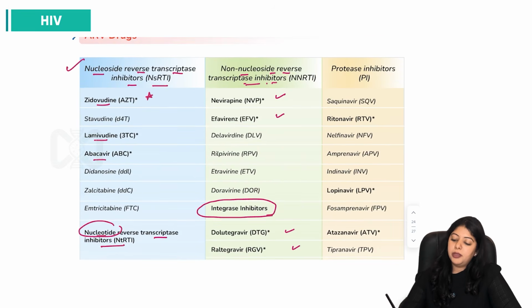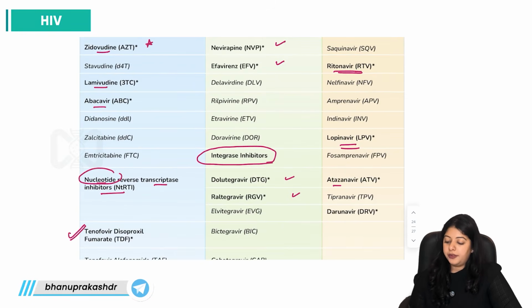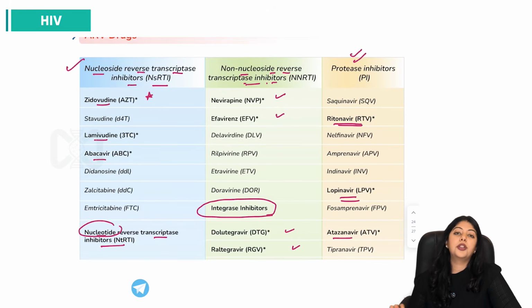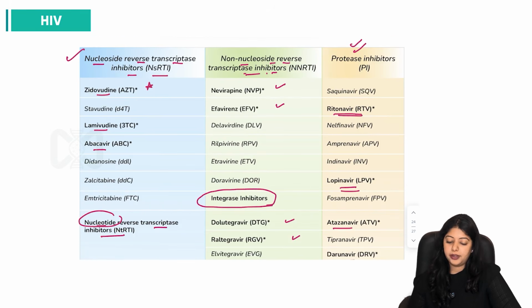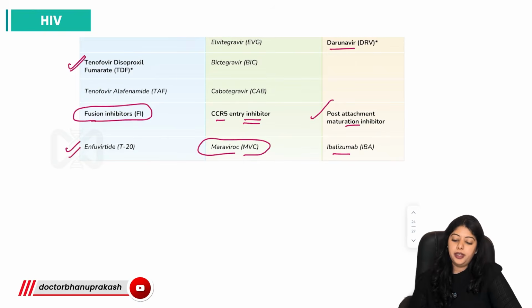And next comes the protease inhibitors, which include ritonavir, lopinavir and atazanavir, along with darunavir. These are the most important ones included in the NACO guidelines. The post-attachment inhibitor is ibalizumab, right?